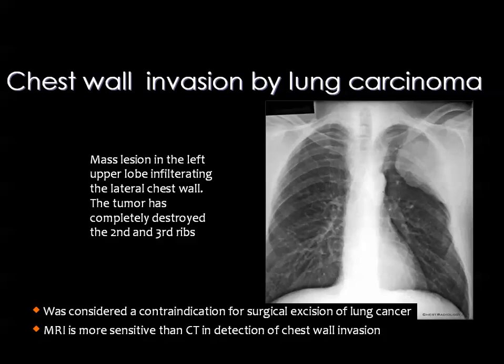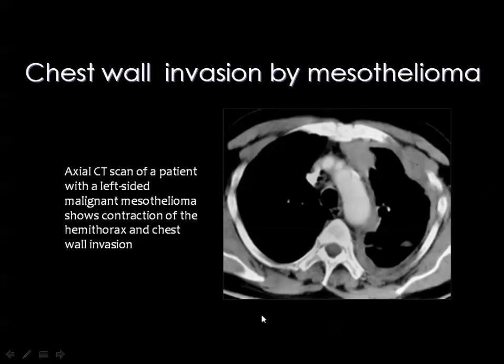And the most common malignant lesion in the lung in an adult to invade the chest wall is bronchogenic carcinoma. Then you see here chest wall invasion by mesothelioma. I have mentioned in the pleural lesions that mesothelioma can invade the chest wall and can cross the midline to the opposite side, and it can also extend into the abdomen through the pleuroperitoneal recesses.